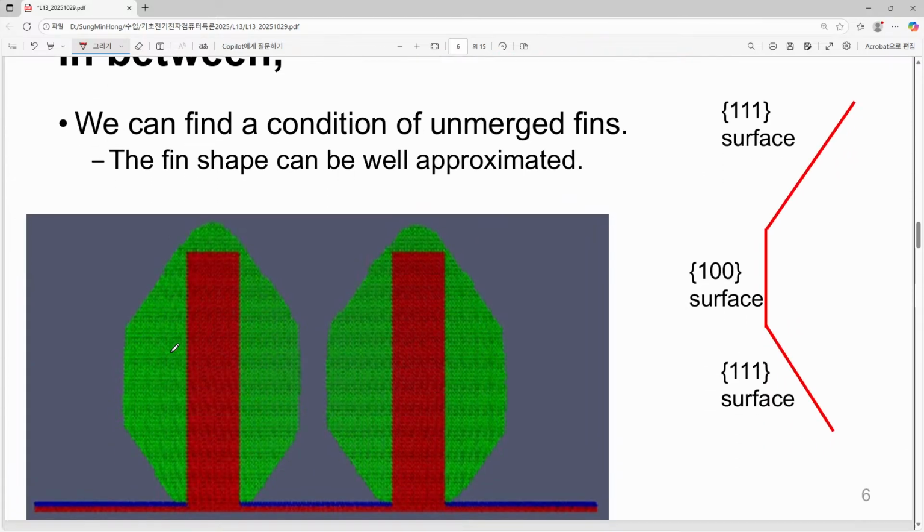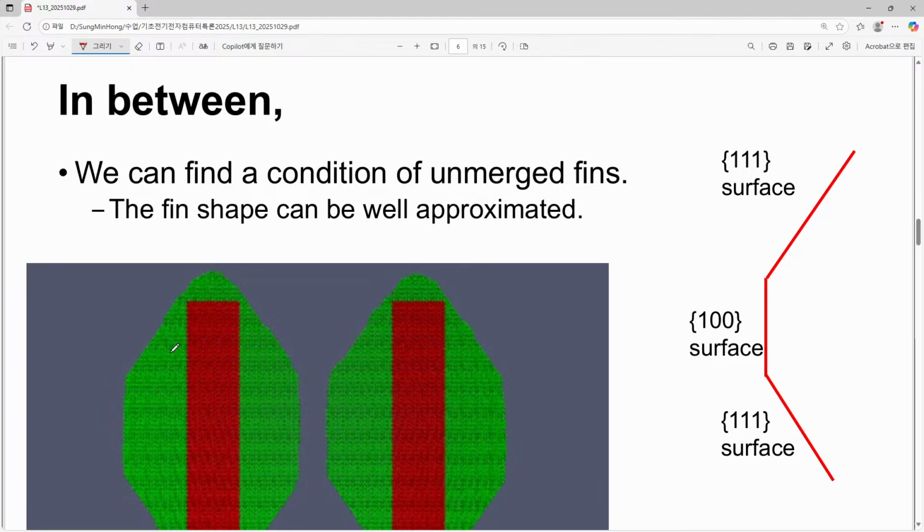As I told you before, in practice, some companies show separated and some companies show merged fins between NMOSFET and PMOSFET. Of course, they should be separated, and we have a certain fin hole width or fin pitch to separate the NMOS island and PMOS island.